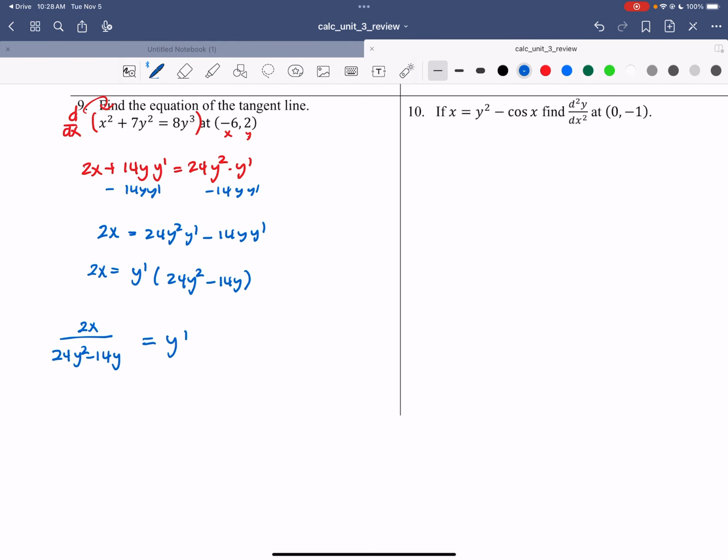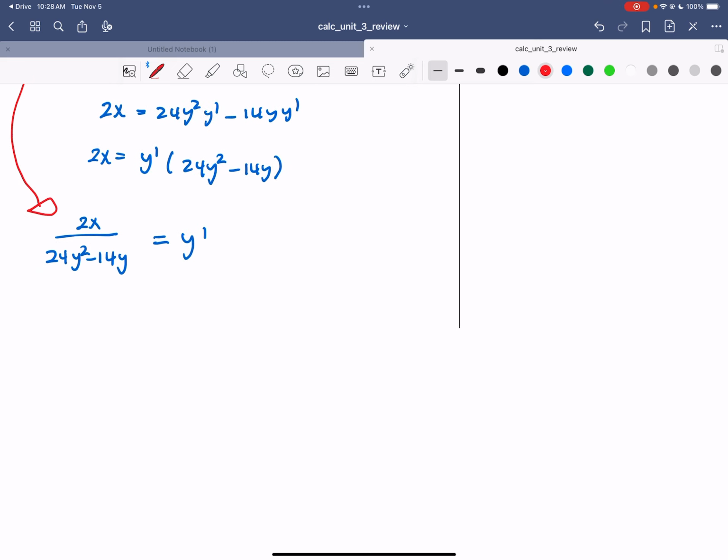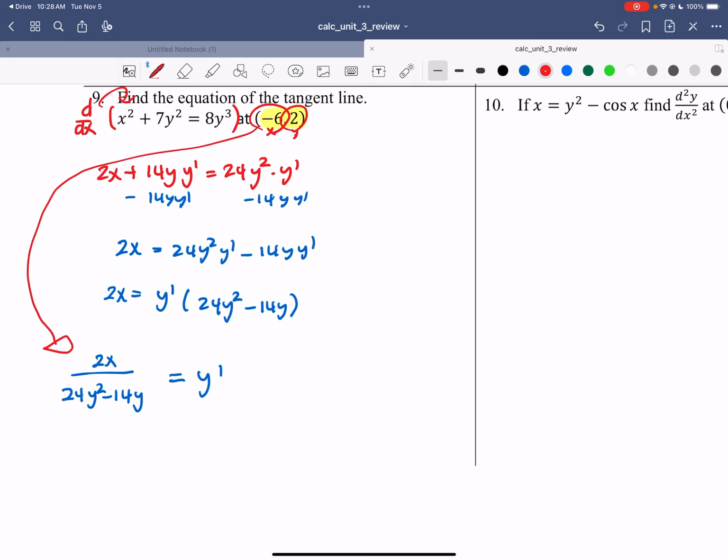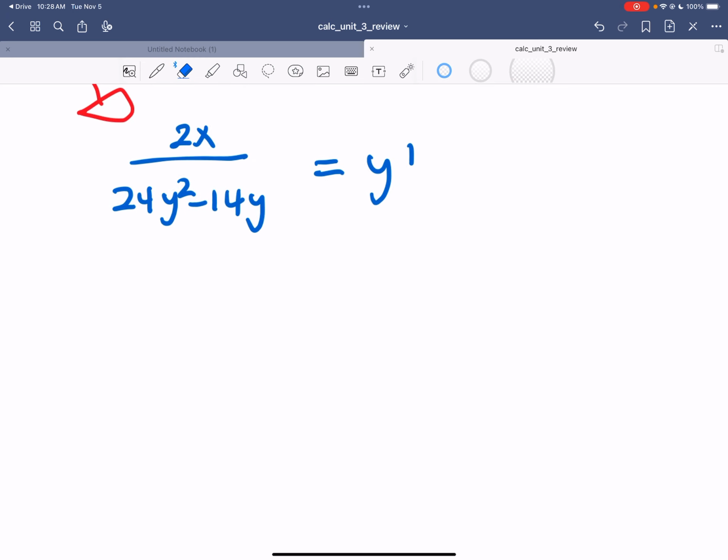But we want a specific number, so I'm going to plug these numbers in here, okay? So instead of x, I'm going to put -6. Instead of y, I'm going to plug in 2. Let's do this.